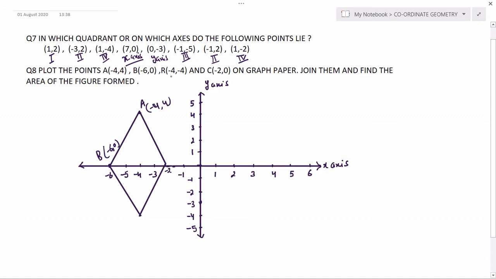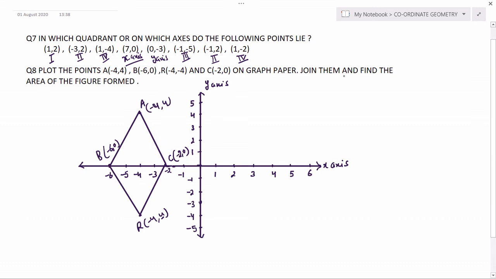C is (-4, -4): -4 and then downward -4, so this is my (-4, -4). Now the next is (-2, 0). This is my point (-2, 0), right?